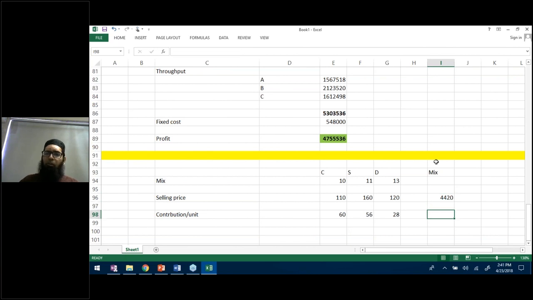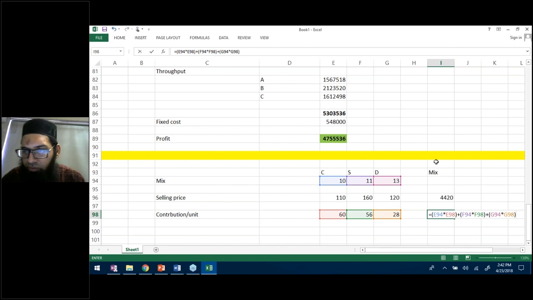Now in the same way, I will be calculating the contribution per mix. And this will be done in the same way, that is multiplying each unit with its respective contribution per unit. So for S, there are 11 units multiplied by the contribution per unit of 56 of S, and for D, there are 13 units in the mix, and I will multiply it with the contribution per unit of D. So here will be the calculation.